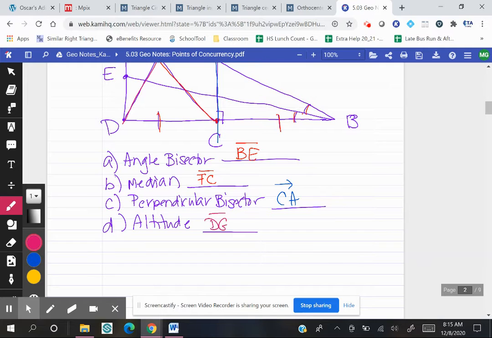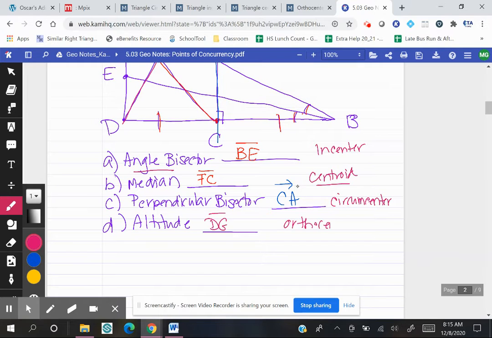All right, so again, make sure you know that angle bisectors meet at a point. All three are concurrent at a point called the incenter. The medians meet at the centroid, and that's the one we're going to focus on mostly for the rest of the lesson, talking about the median rule, which we call the 2/3 rule. Perpendicular bisectors meet at the circumcenter, and the altitudes meet at the orthocenter.